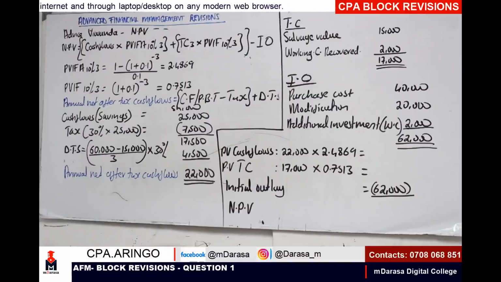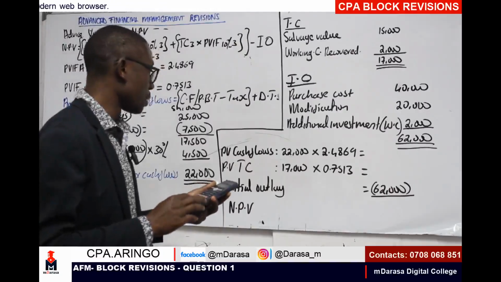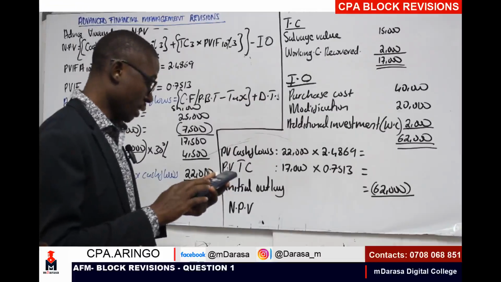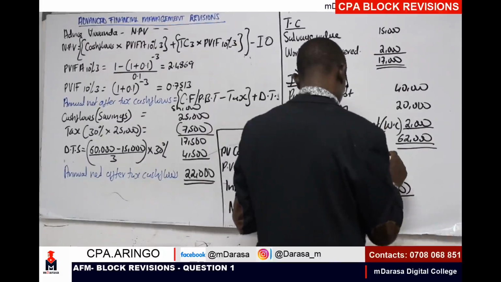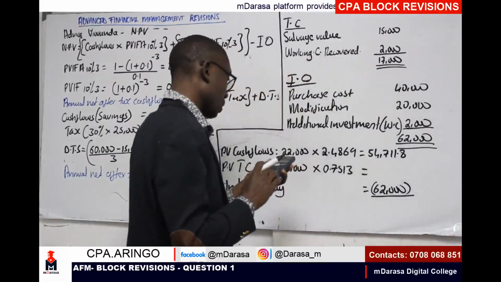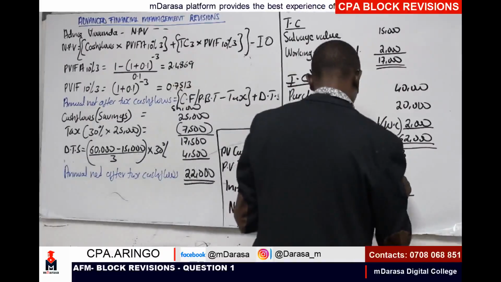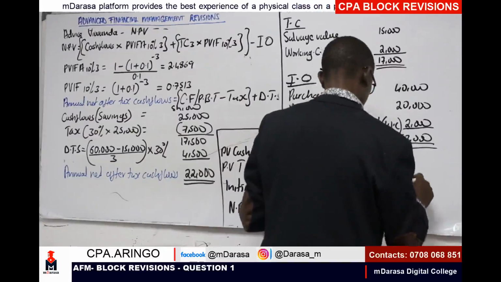So in this case, my value is 22,000 times 2.4869, which is 54,711.8. Plus 17,000 times 0.7513, which is 12,772.1.